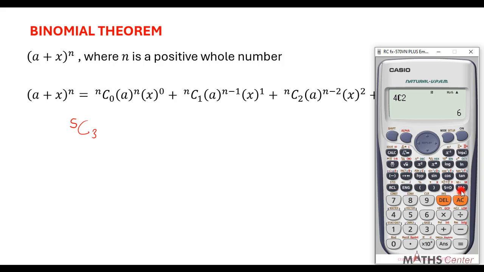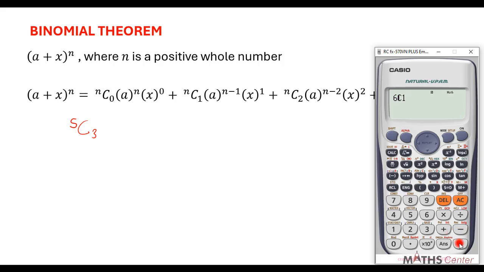Let's try one more. Let's say we want to find 6 combination 1. So you press 6, then shift, then the division sign, and then 1. So that gives us 6 combination 1.